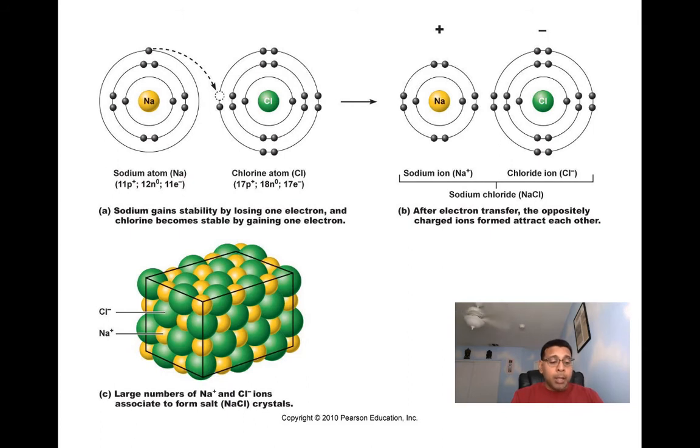Now, ionic bonds are commonly formed between atoms with one or two valence shell electrons, and that includes the metallic elements such as sodium, calcium, and potassium, and atoms with 7 valence shell electrons, such as chlorine, fluorine, iodine.